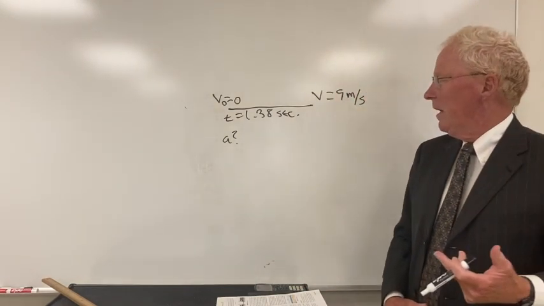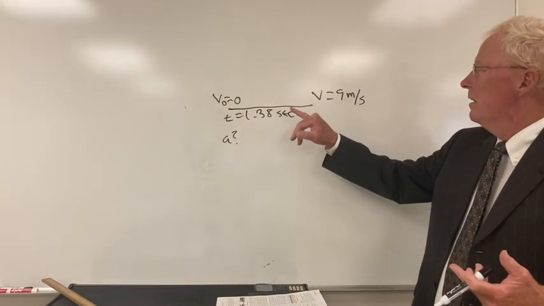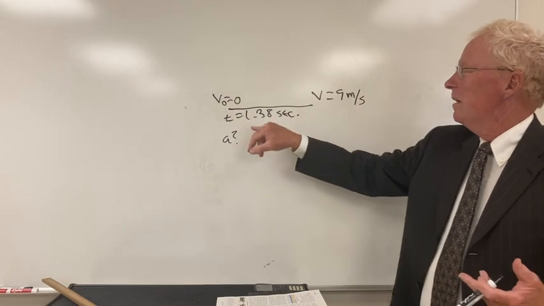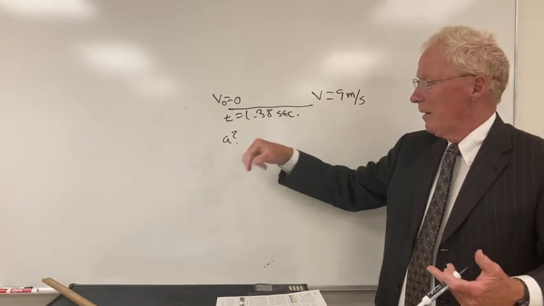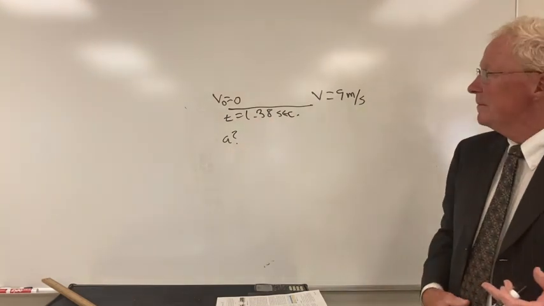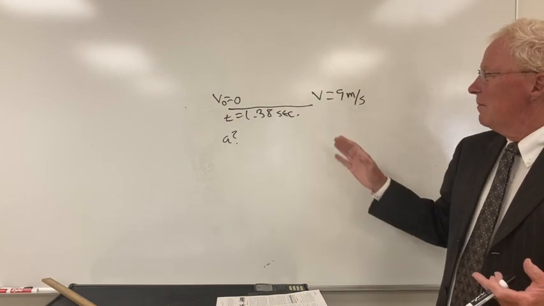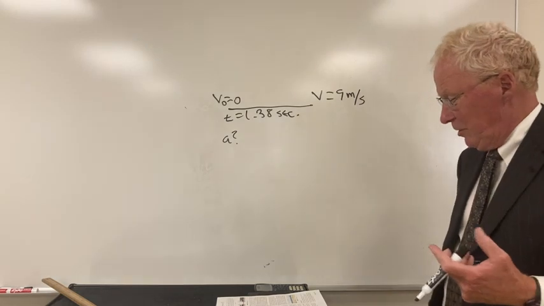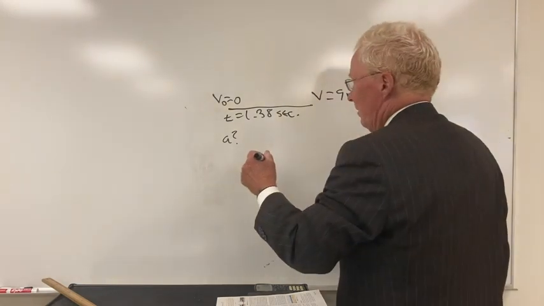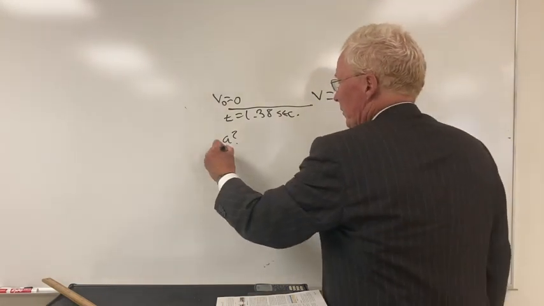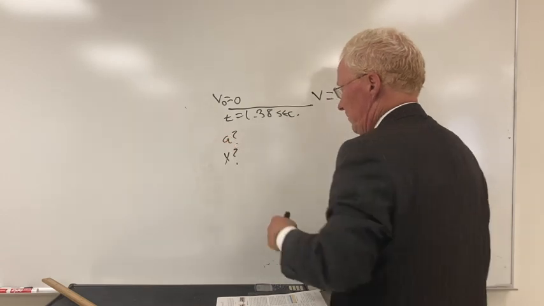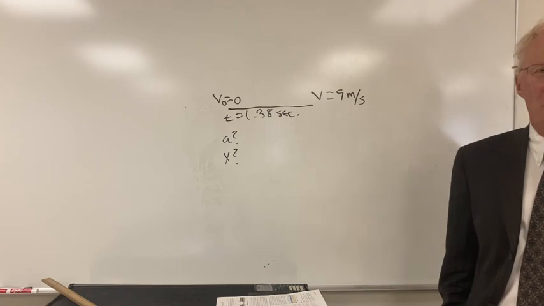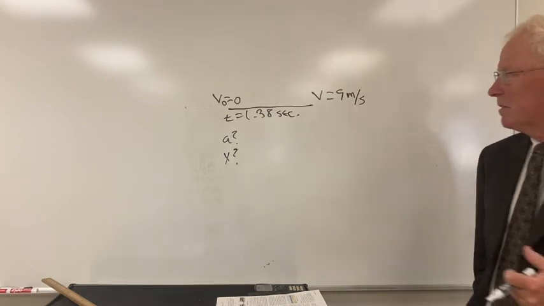What are we trying to find out? All right, we're given initial velocity, final velocity, and a time, and we want to find the acceleration. In this case, the distance is irrelevant. I could then ask how far does it actually go? That's part B of this question if I want to ask that. How far does she actually travel that distance?